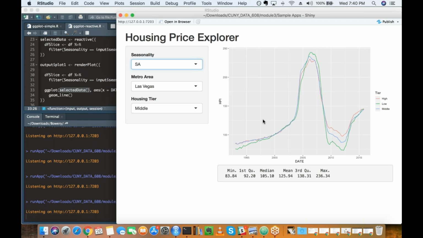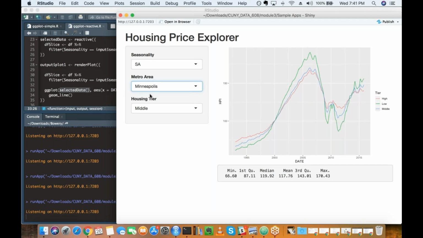So you have your client side. That's everything that you're seeing here, whatever is telling this graph to render. And then you have your server side. That's what's happening when I make a call here. It's going back to the server, saying, okay, this user chose Minneapolis.